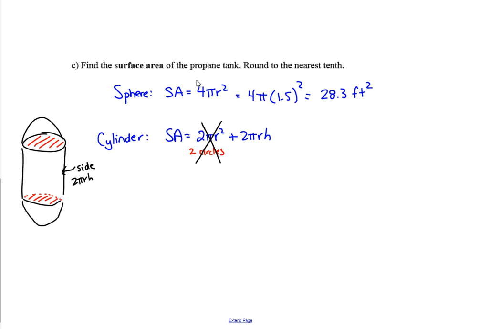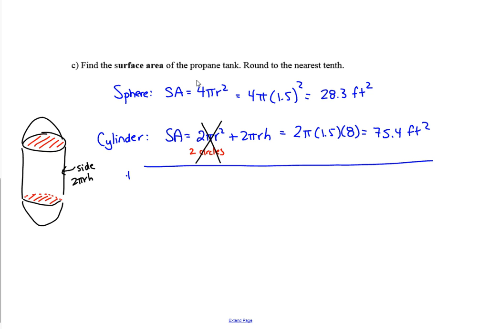Length times width. It's a rectangle. 2 pi r times h. So it should actually be 2 times pi times 1.5 times 8, which gives you 75.4. And when you add those together, 103.7 feet squared.